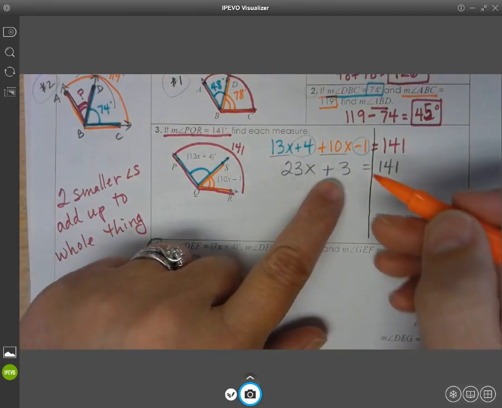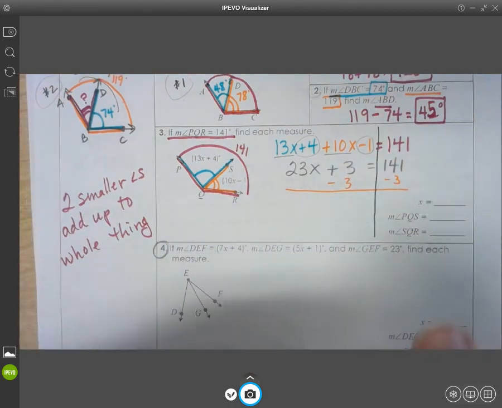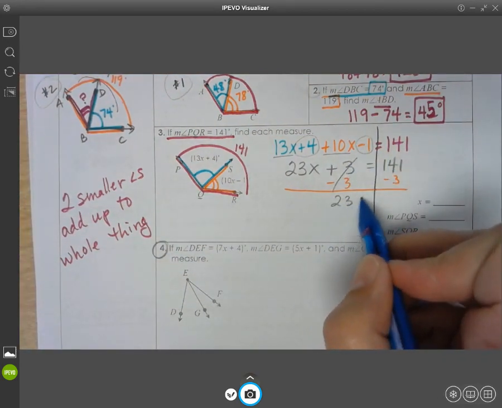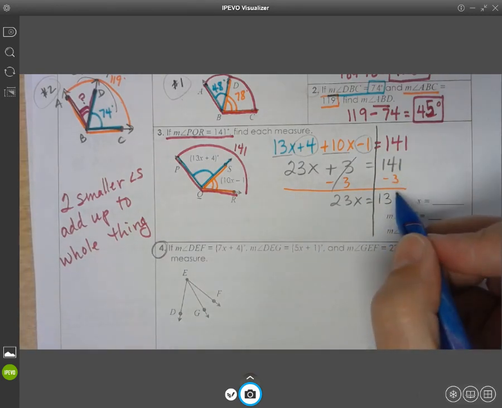And then I'm going to get rid of this plus 3 by doing minus 3. 23x equals 138.